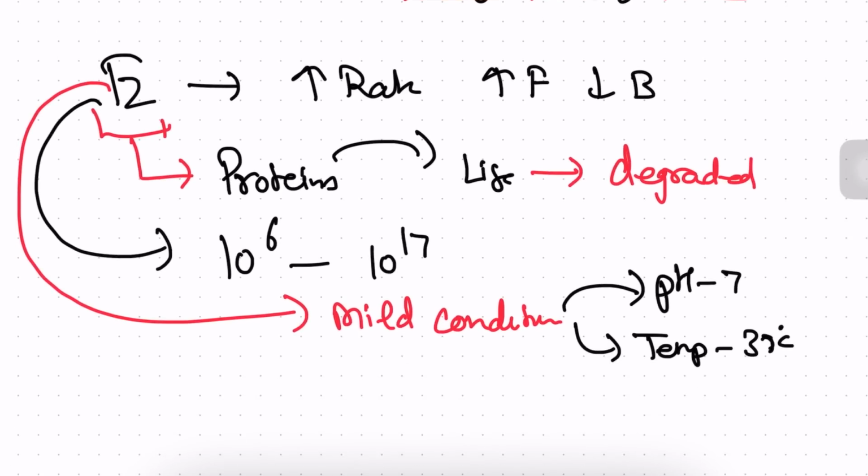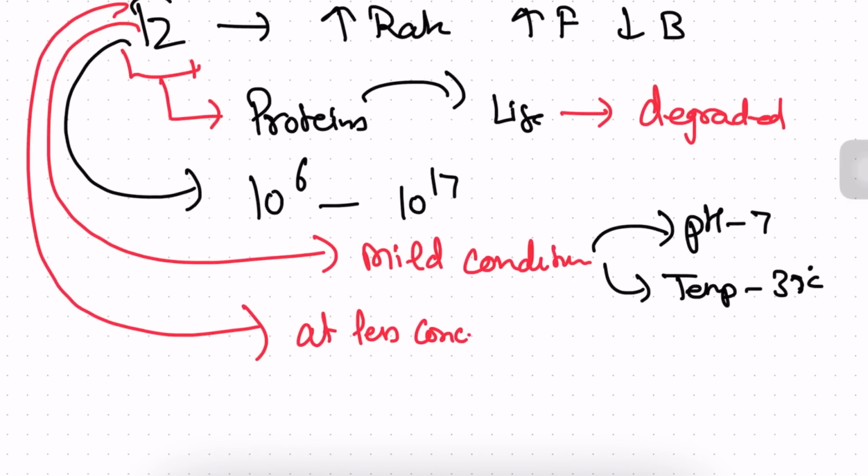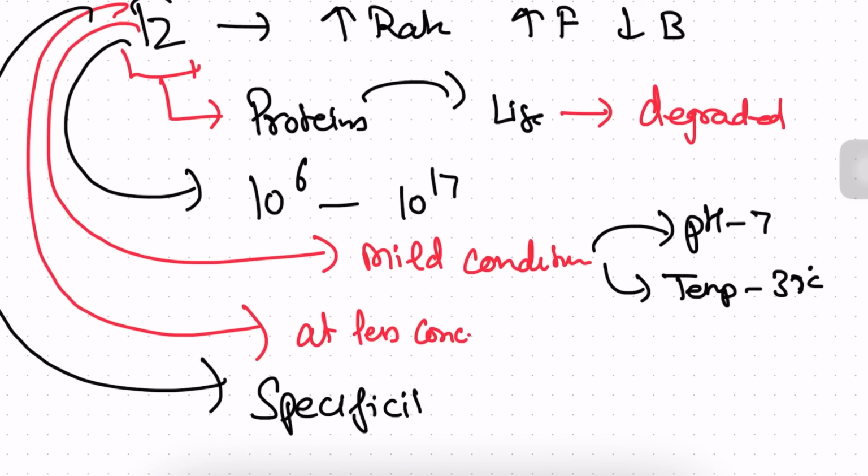Enzymes are generally required at low concentration; a small concentration of enzyme can carry out the reaction. And finally, the most important thing, enzymes work with specificity. So these are some of the important points.